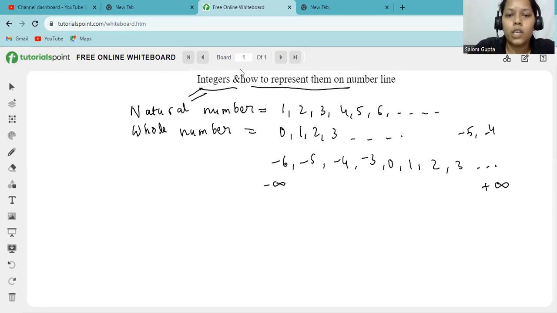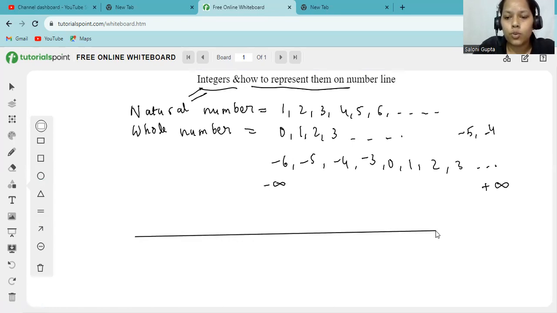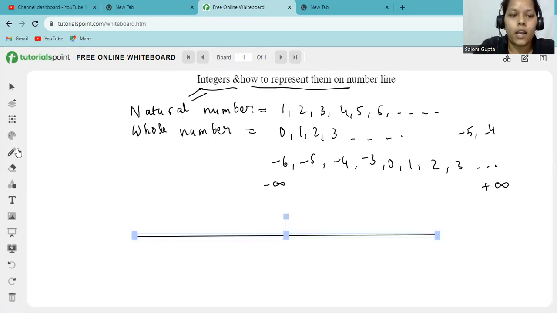Now how can we represent these integers on the number line? Suppose this is the line I have drawn. In the center we'll draw 0, and from the center on the right-hand side we put the positive numbers. I will make 1, 2.